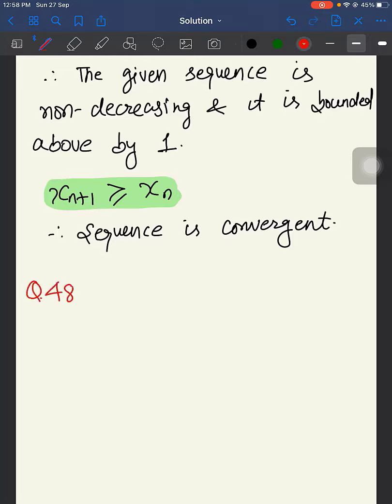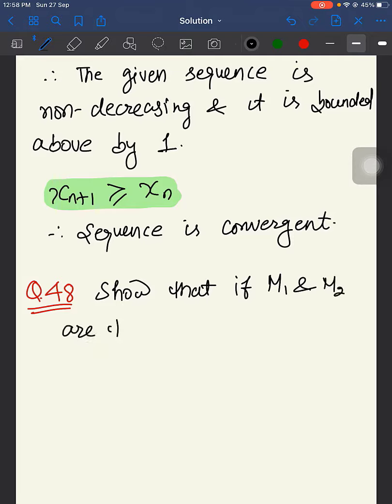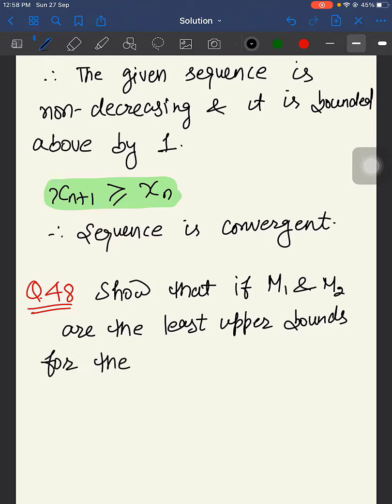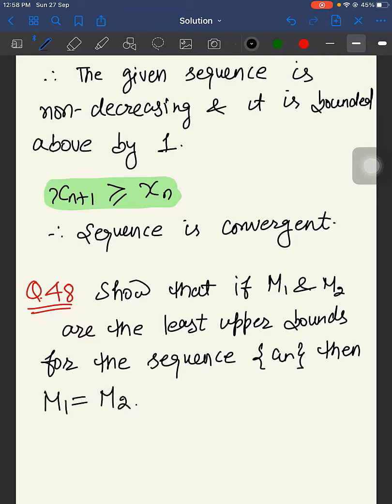Next is question number 48, and it says show that if m1 and m2 are the least upper bounds for the sequence an, then m1 must be equal to m2.